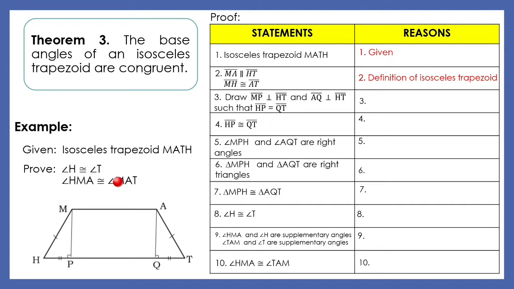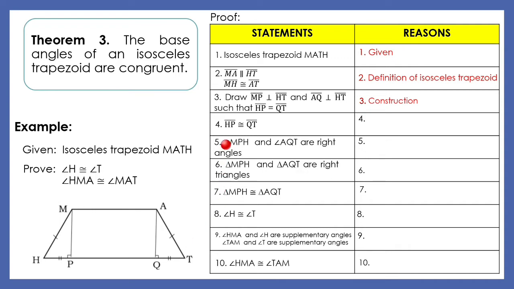So we have here line segment MP perpendicular to line segment HT, and line segment AQ perpendicular to line segment HT, such that, ang line segment HP daw is equal to line segment QT. So, our reason is by construction.